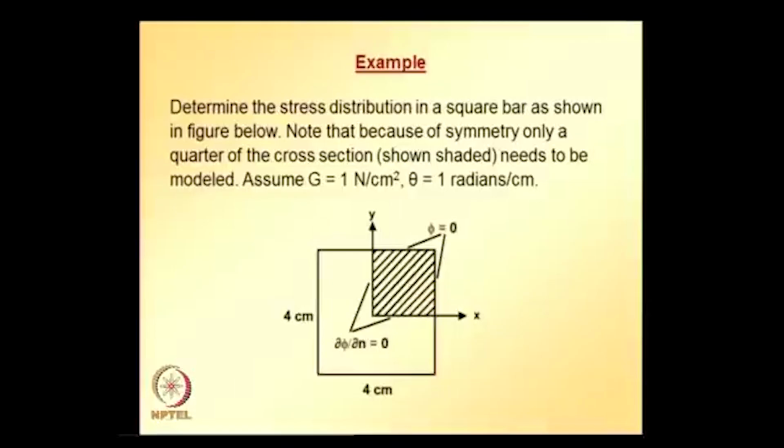So, we will model only the quarter portion that is shaded in the figure. The corresponding boundary conditions are also indicated. Phi is equal to 0, stress potential is equal to 0 on the boundary, and also derivative of stress potential is 0 on the sides over which symmetry boundary conditions are applied.